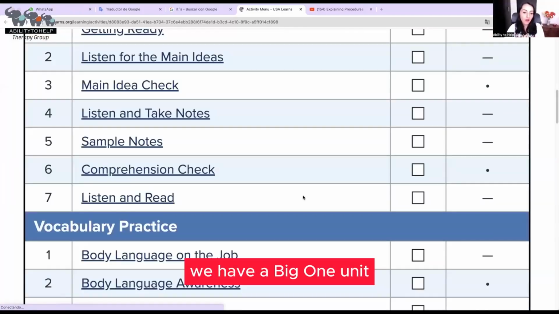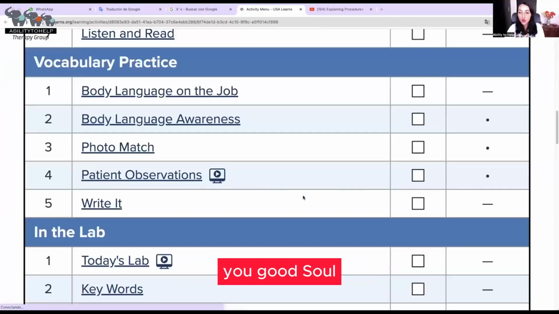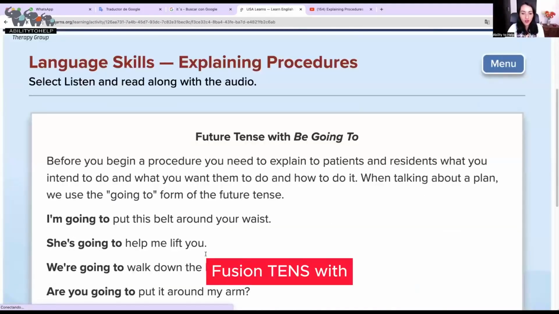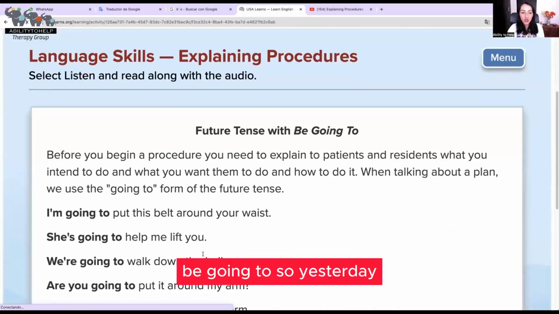Look at this. We have a big unit. You could solve all these, but language skills: explaining procedures. Future tense with be going to.